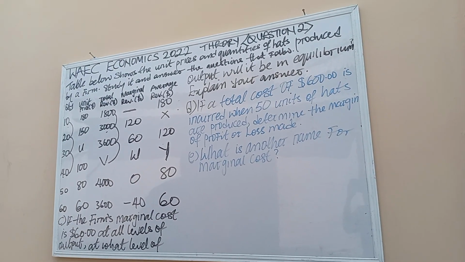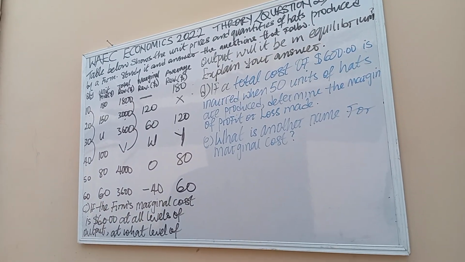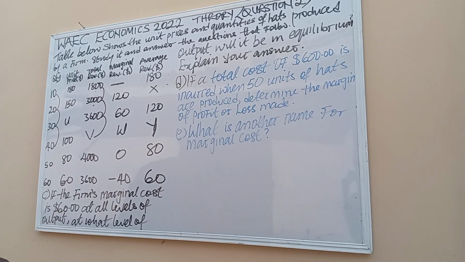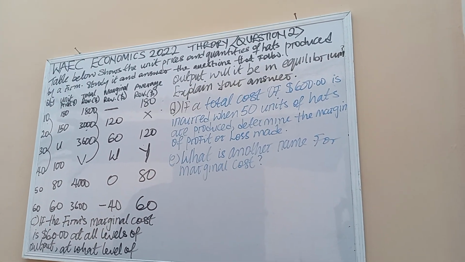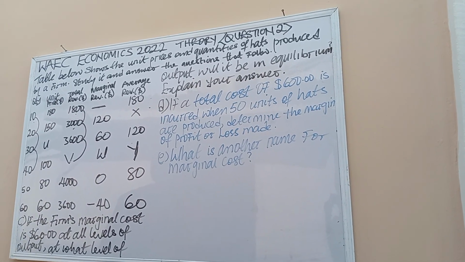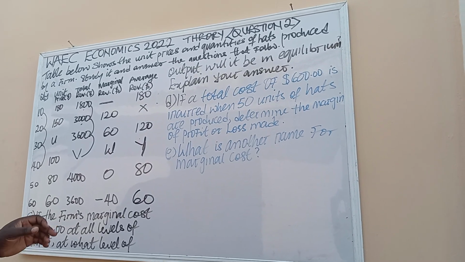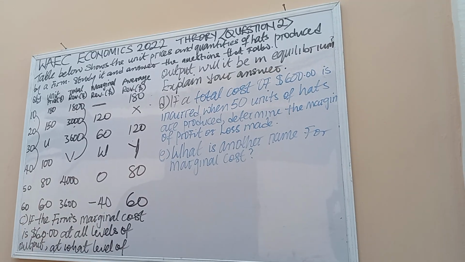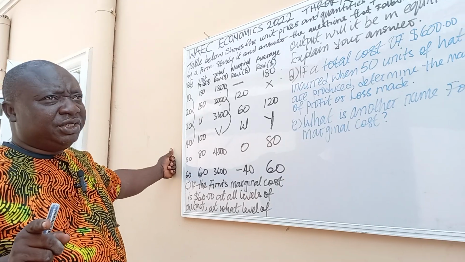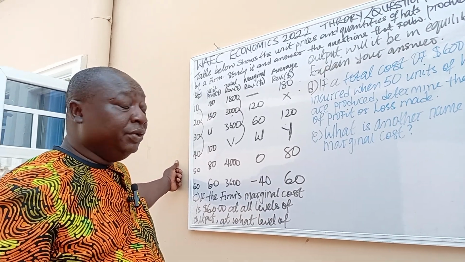If the firm's marginal cost is $60 at all levels of output, at what level of output will it be in equilibrium? Okay, so what you need to know is that in an imperfect competitive market, equilibrium is reached when marginal cost is equal to marginal revenue.